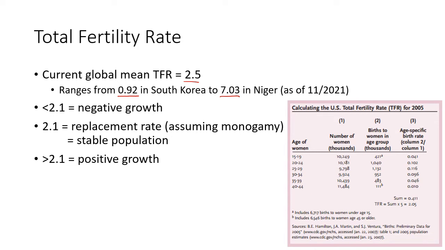Now, when we look at total fertility rate, we can look at some population dynamics. We can see whether the population is growing or declining. Negative growth is what I mean by declining or decreasing in size. If your total fertility rate is less than 2.1, you're going to have negative growth. That means there aren't enough kids in that population to replace the parents that are going to eventually die.